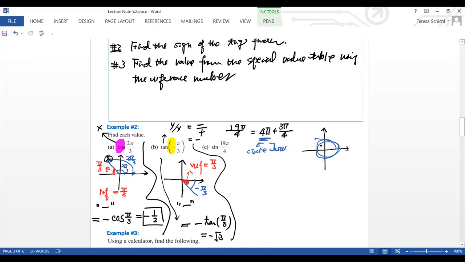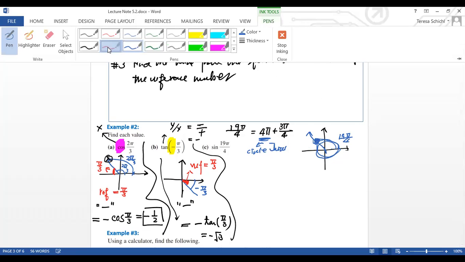So you go to here, and this is where you stop. We call this 19 pi over 4. So you turn a whole circle twice, and then you stop at 3 pi over 4.